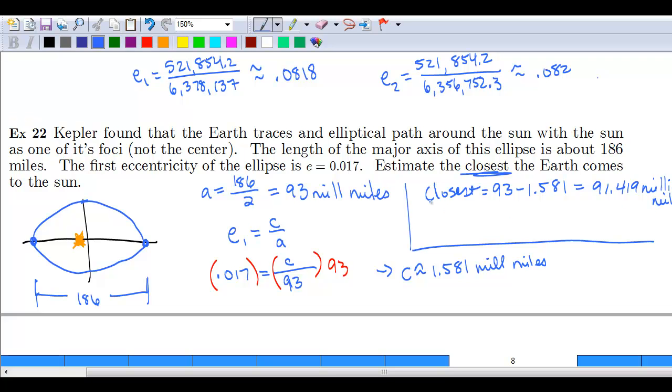If you wanted to figure out the farthest away, you just do the opposite. You'd say 93 plus 1.581, and in that case you end up with about 94.581, again, million miles. So that's pretty far, and again, it's pretty close to being circular. And this is going to conclude the second video for section 20.3.